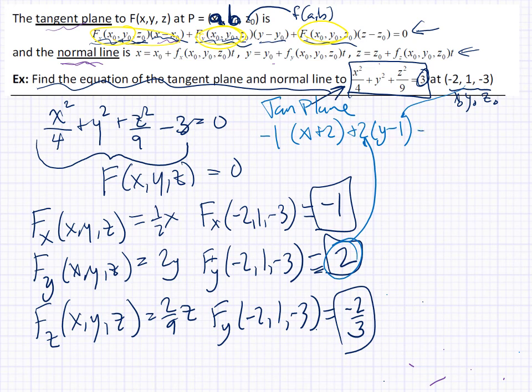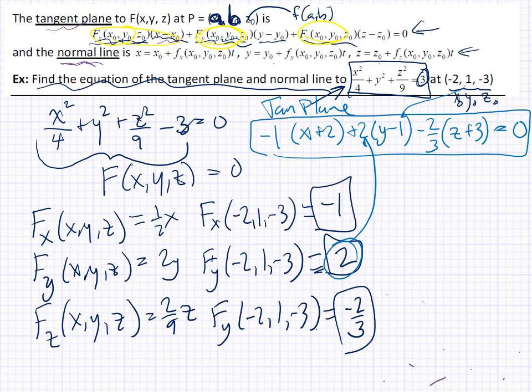And then -2/3 times z minus -3, so plus 3, equals 0. So there's the equation of the plane. Already in general form of what a plane should look like. If you wanted standard form, we could distribute out these parentheses, but it's fine to leave it like that. And then we got the normal line.